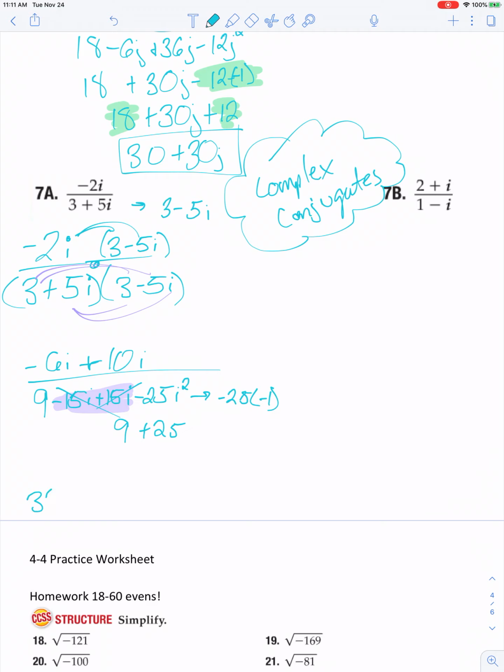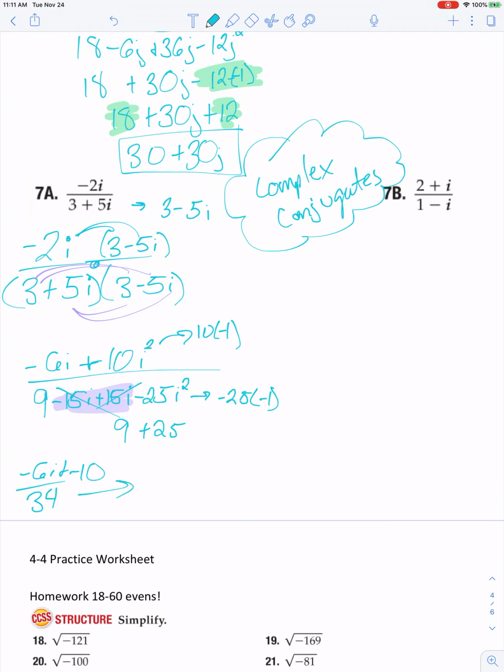Try 34. Oh, whoops, that was an i squared, wasn't it? Which means that that should be 10 times negative 1, which is actually minus 10.